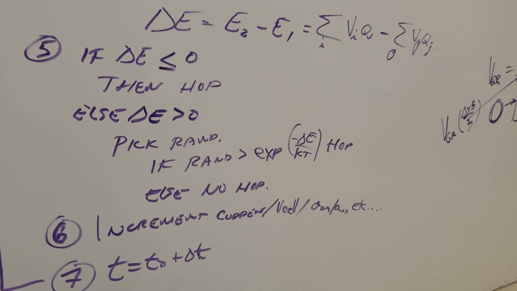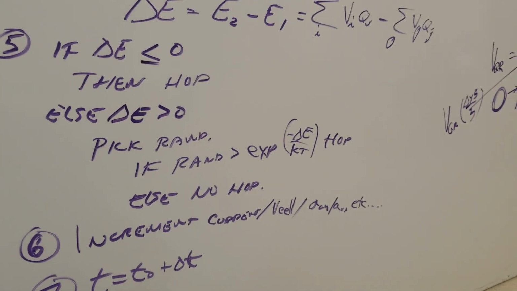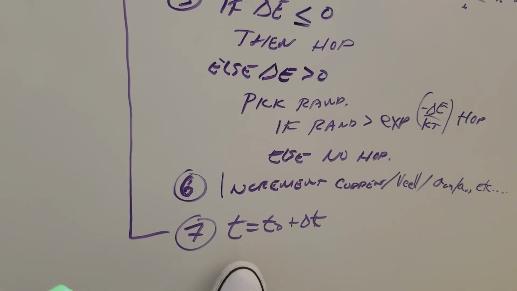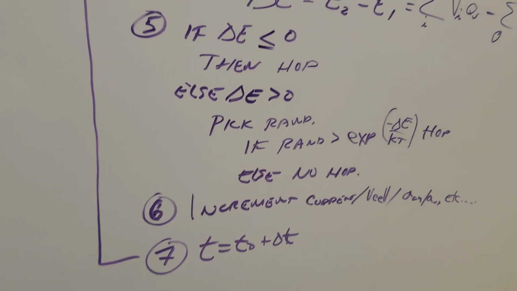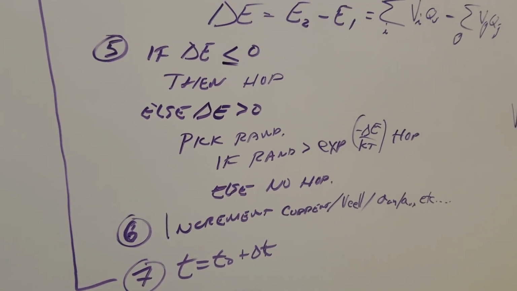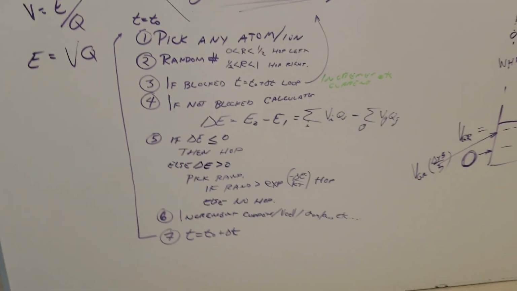And that's just looking at the distribution of atoms, and then using the Nernst equation. And then we have t incremented from t0 to t0 plus Δt. And that's how we are going to increment the system as a function of time.